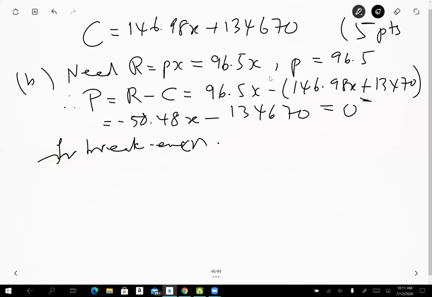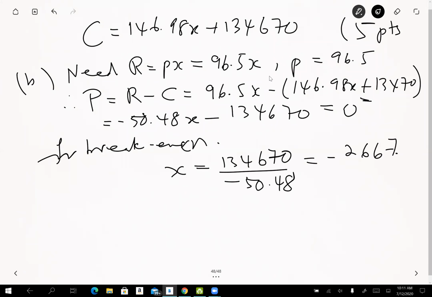Then you can find X. So X will be equal to 134,670 divided by negative 50.48, and that will be equal to negative 2667.79 units.